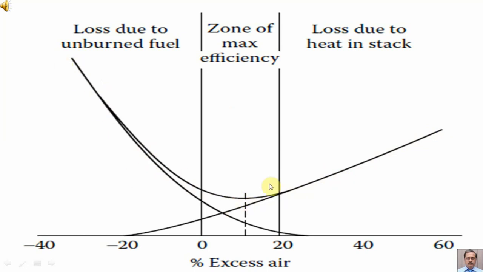So here we are having the loss due to heat in stack, and this curve is showing loss due to unburned fuel, and total loss is the sum total of these two curves. And here we can see that this curve is showing minima here, that means this is the zone of maximum efficiency.